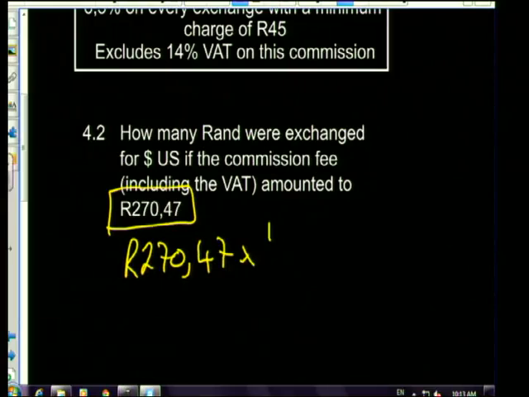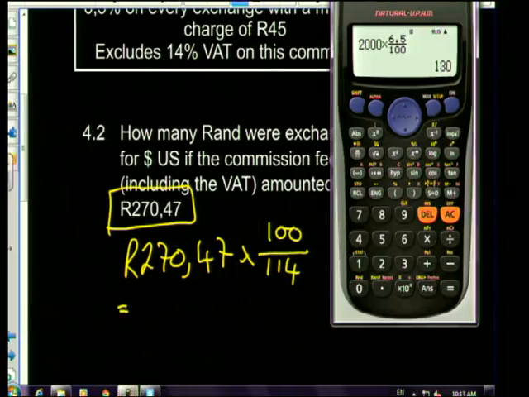We multiply by 100 over 114. Agreed? So we're going to say I've got 270 Rand and 47 cents, 0.47, and we're going to multiply it now by 100 over 114.